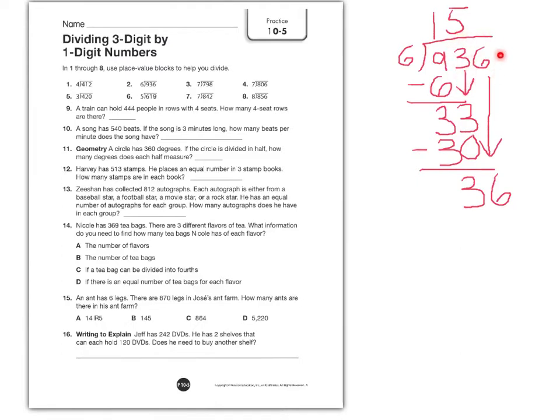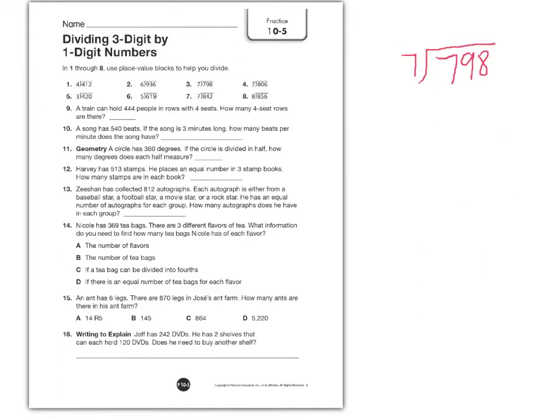Then you're going to find out how many 6s are in 36, which I gave away earlier. It's going to be 6. 6 times 6 is exactly 36. So then when you subtract, there is a remainder of 0 again, so your answer is just going to be that 156.